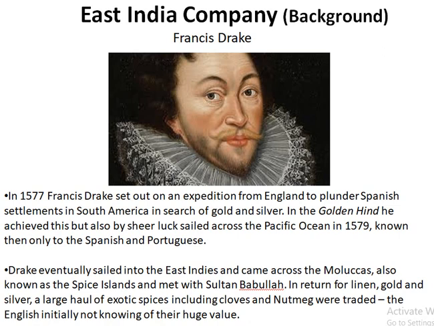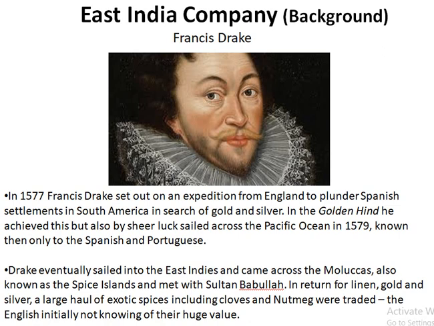In the Golden Hind, he achieved this, but he also, by sheer luck, sailed across the Pacific Ocean in 1579, known then only to the Spanish and the Portuguese. So the Spanish and the Portuguese had already found many places in the world, especially South America and Central America.